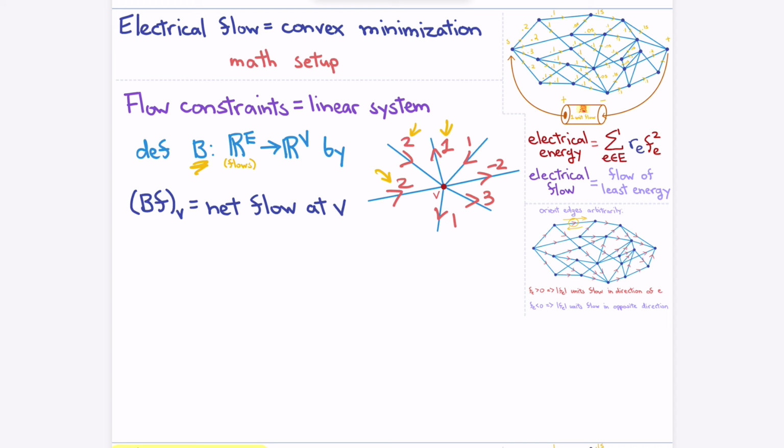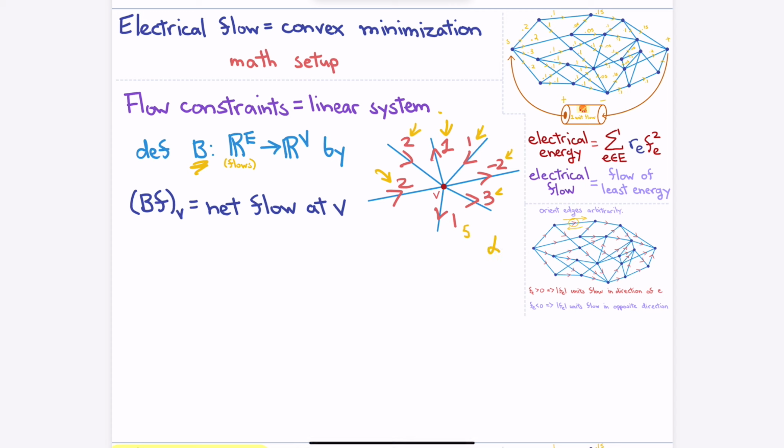No, got it backwards. -3 at this point, -5, -7, 4, 5, no, -4, -3. What's the net flow going out of this vertex? We should at least get it right up to a sign. Okay, so we'll call that alpha.